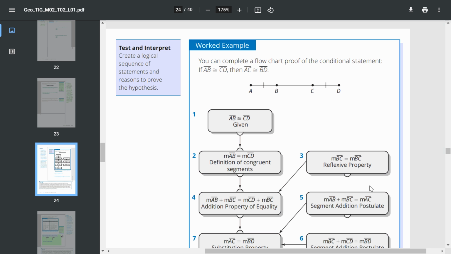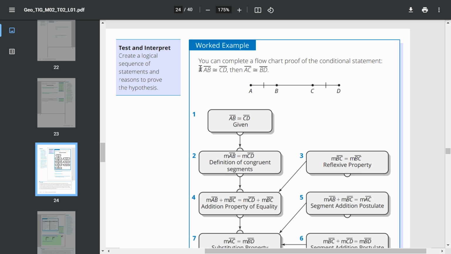You've seen this type of proof as a flowchart in your Mathio workspaces. If you haven't, make sure that you are catching up with them. So this worked example says you can complete a flowchart proof of the conditional statement: if the line segment AB is congruent to the line segment CD, then AC is congruent to BD.